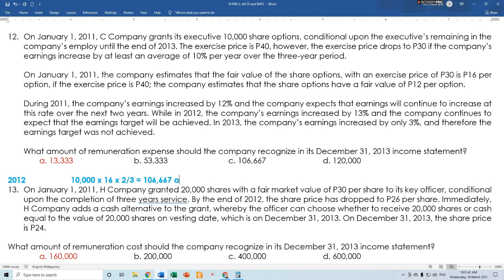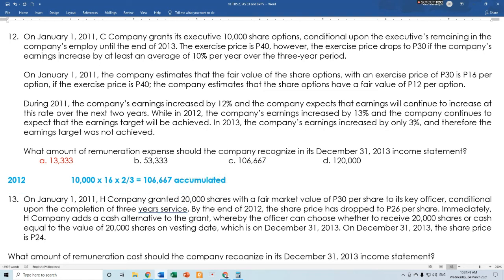Yan na yung accumulated. For 2013, ang problema natin, 10,000 yon. Pero ang exercise price ay naging 40. Bumalik ng 40 kasi hindi na-meet yung earnings target. So, magiging 12 na lang yung value ng option. Tapos, total na natin. So, that's going to be 120,000. Okay?